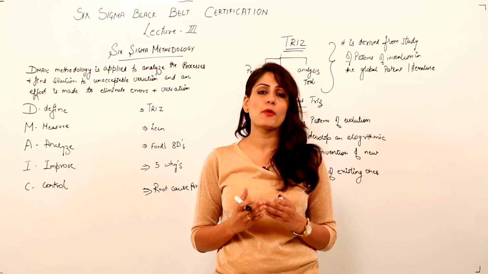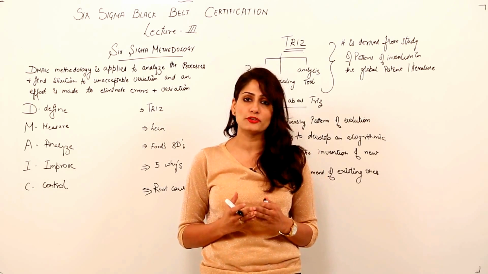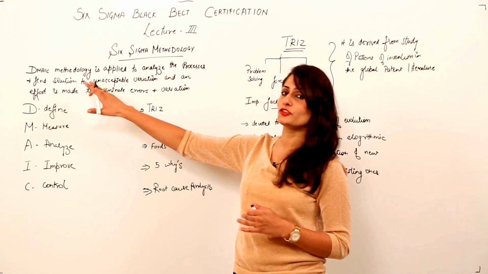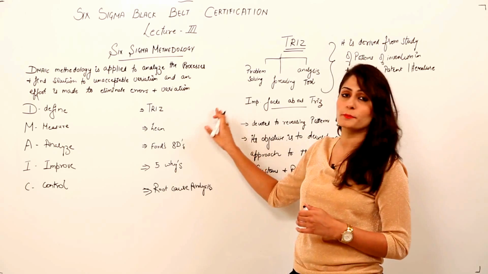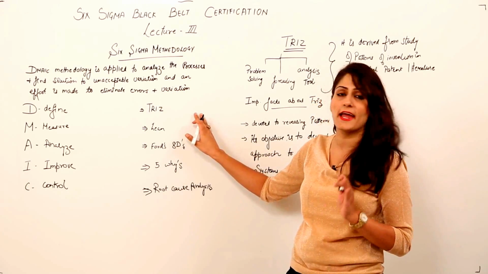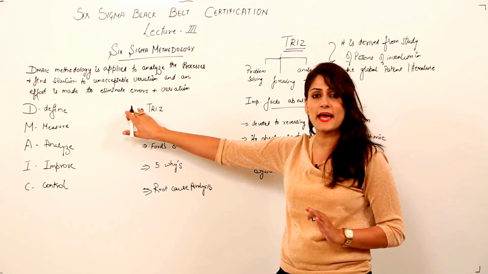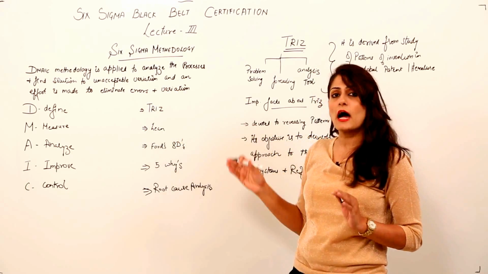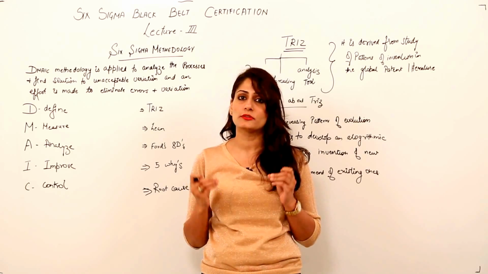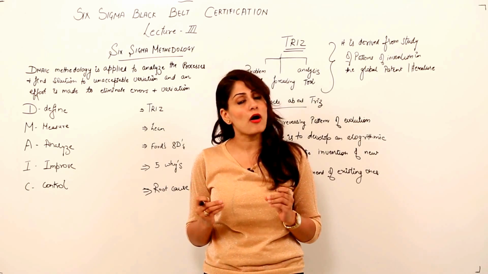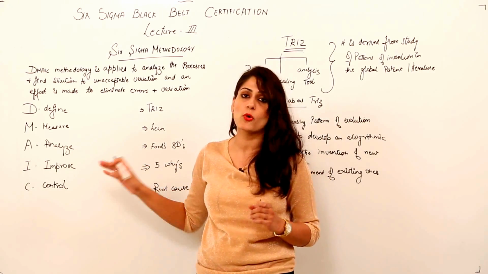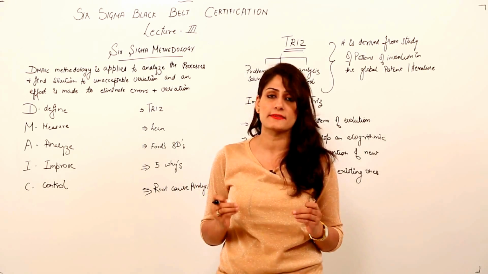DPMO, that is defects per million opportunities, is used to measure and assess process performance. DMAIC methodology is applied to analyze the process and find solutions to unacceptable variation, and an effort is made to eliminate errors and variation. Now, the DMAIC process improvement model is a very important part of 6 sigma, because every 6 sigma project has to go through all these 5 steps, only then it can be implemented successfully.